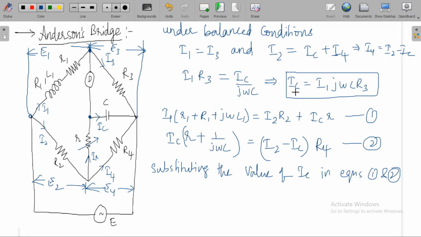Put this value of IC in this equation and in this equation. First let me put this in equation 1. I1 into R1 plus j omega L1 is equal to I2 R2 plus IC, where IC is I1 j omega C R3, and R.